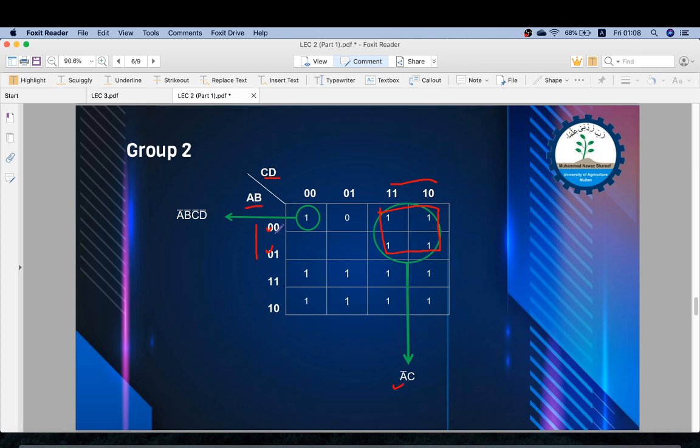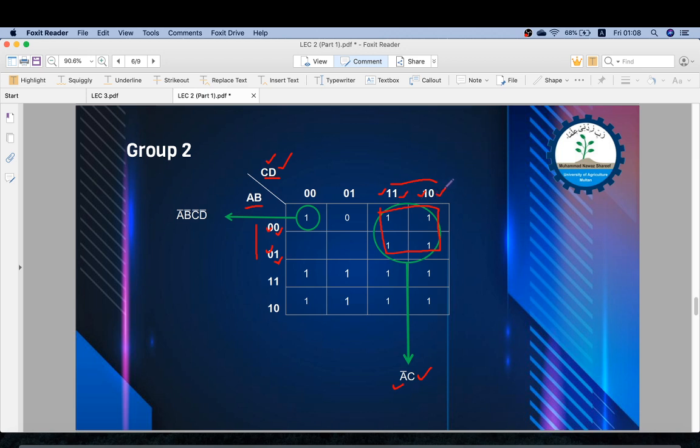What is B? B here is 0 and 1, so it is not common, so we will not take the B value. Now we come to C and D. What is the C value? 1 and 1, so it's common, so we will take C. Now the remaining is D. What is the D value here? 1, 0.